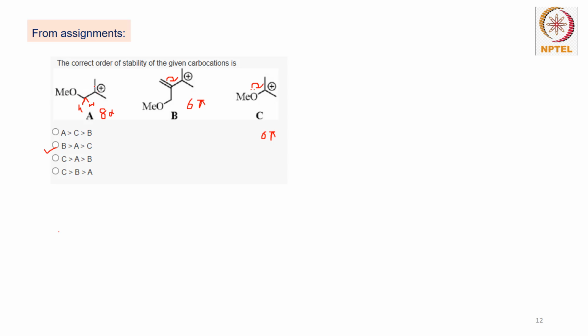So as it has more hyperconjugative structures, so it will be more stable, as alpha hydrogens are 8.